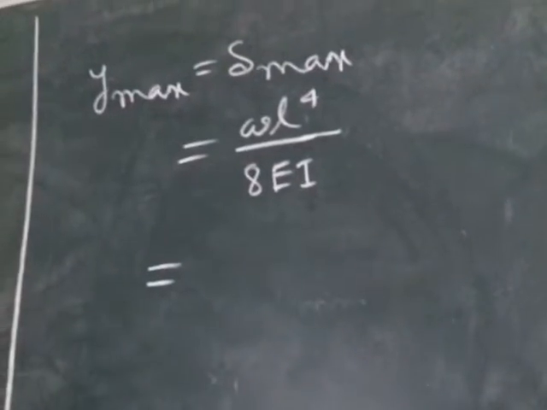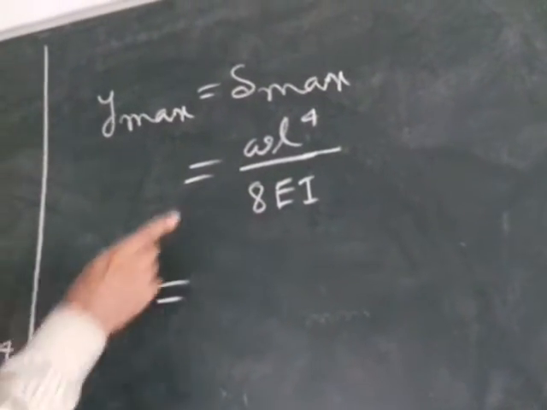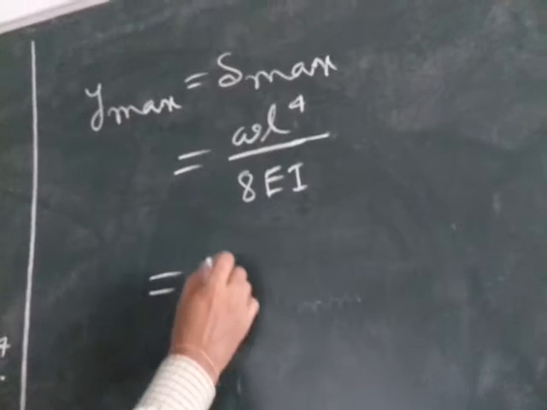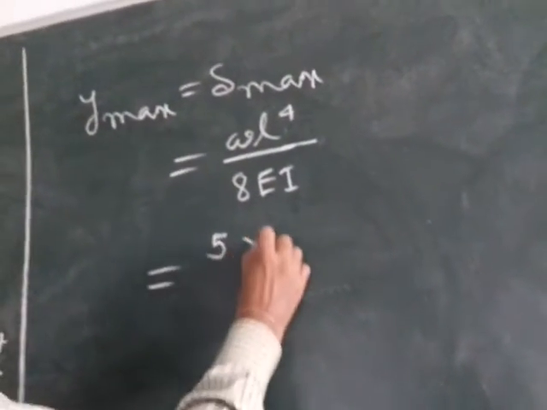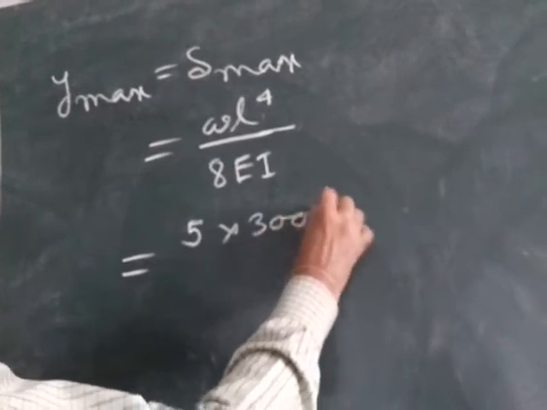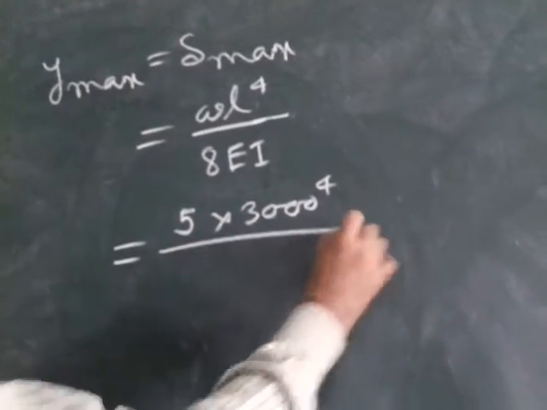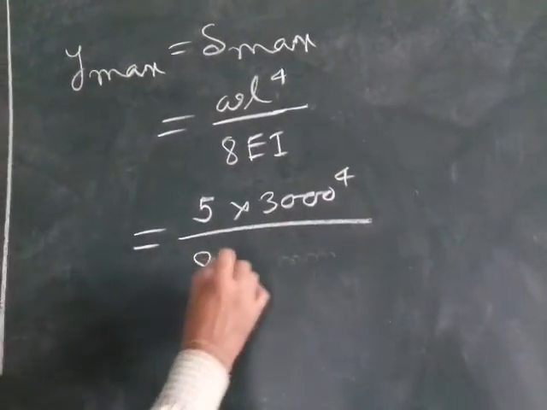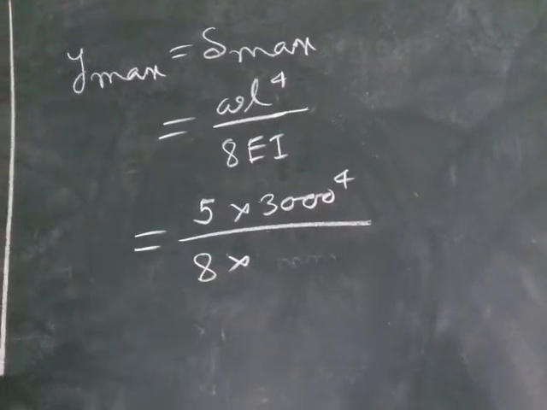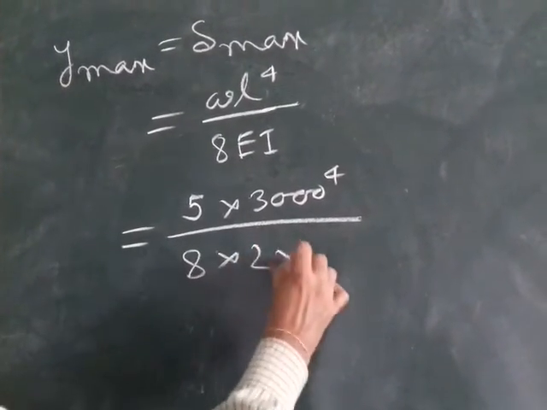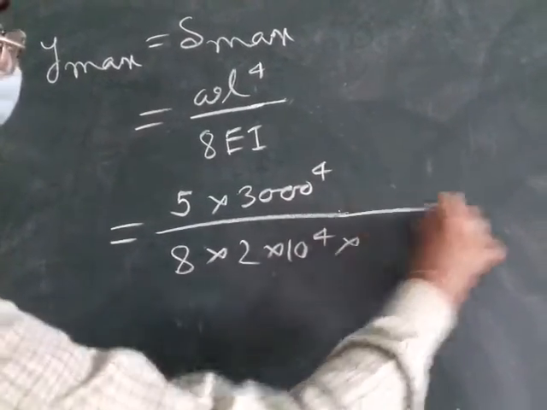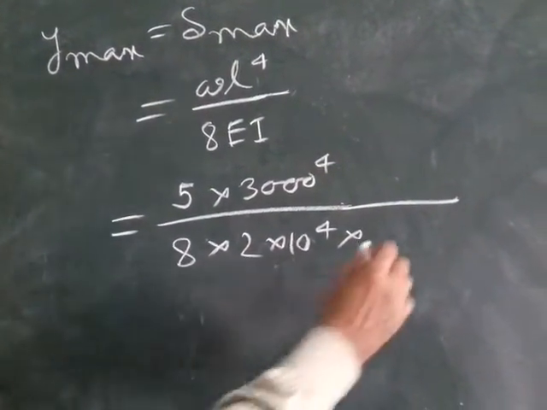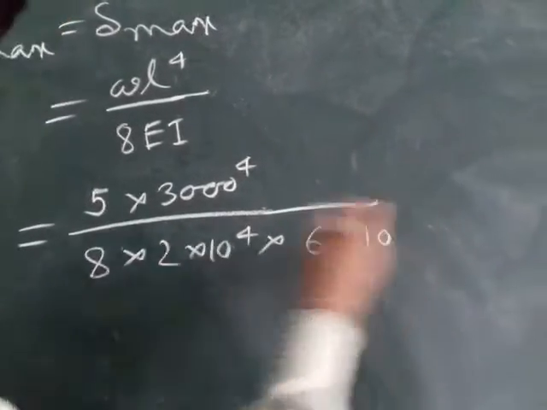Now putting the values: small w is given as 5 into 1000 to the power 4, divided by 8 into E, given as 2 into 10 to the power 4, into I, 6 into 10 to the power 7.